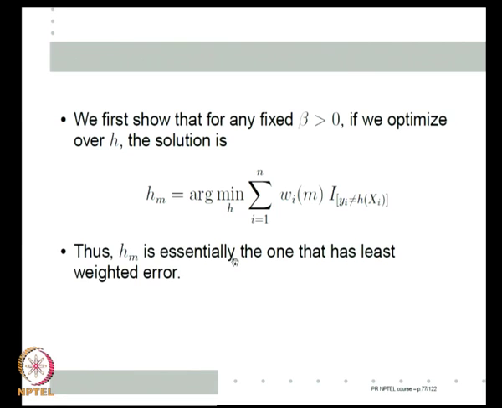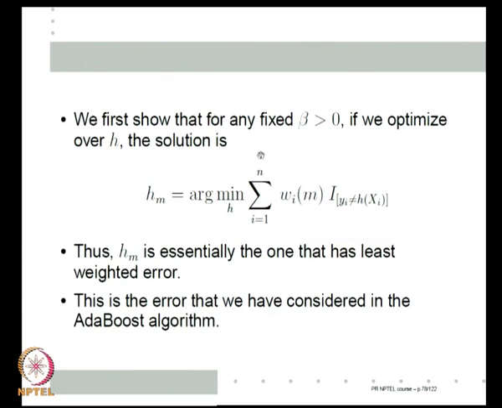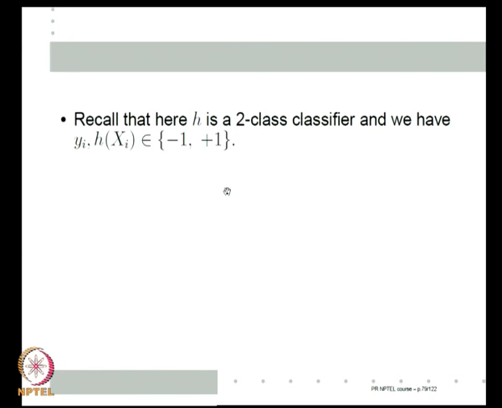That is very interesting, because that is exactly what AdaBoost is also looking for: for any given classifier AdaBoost calculates this as the error, and we are looking for classifiers with low errors. So, at the mth iteration AdaBoost is choosing h_m that has the least value for this. It may not be doing this optimization fully, but that is what it is picking. Let us show this.